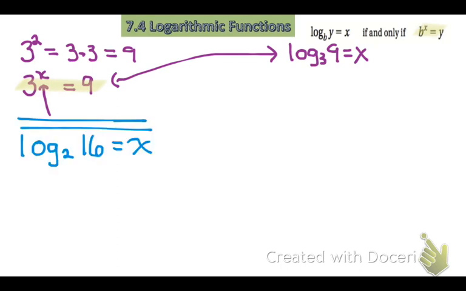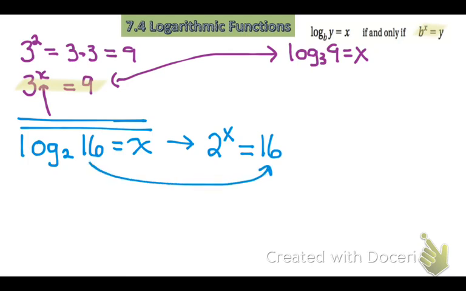So let's try log base 2 of 16 equals x. This can be restated as 2 raised to the power of x equals 16. You can see the 16 went to the other side of the equal sign. The x became the exponent, and then here is my base.